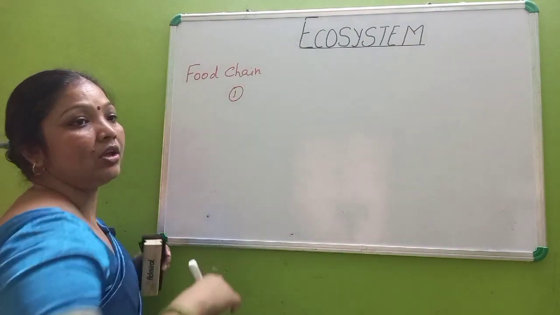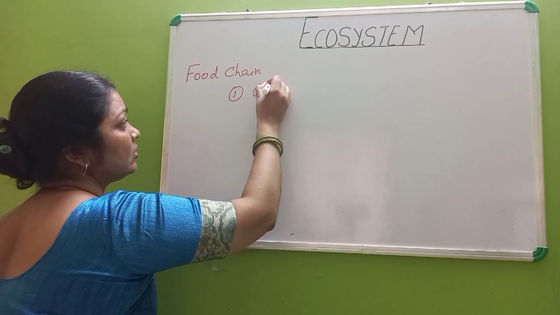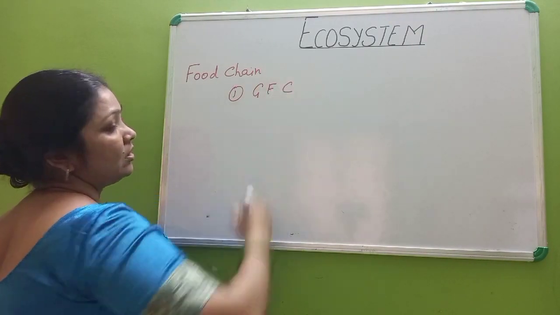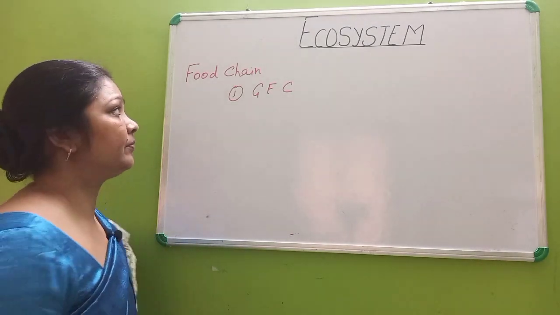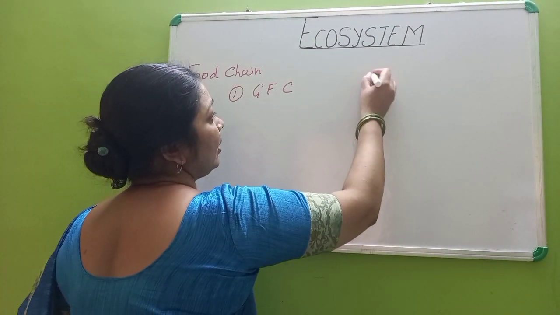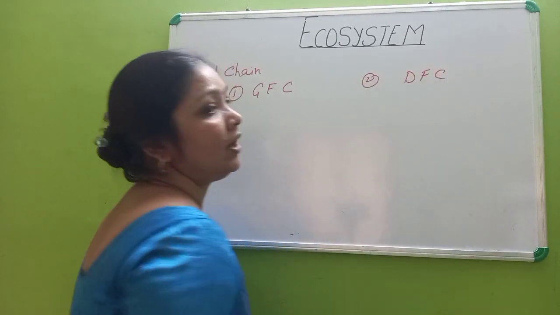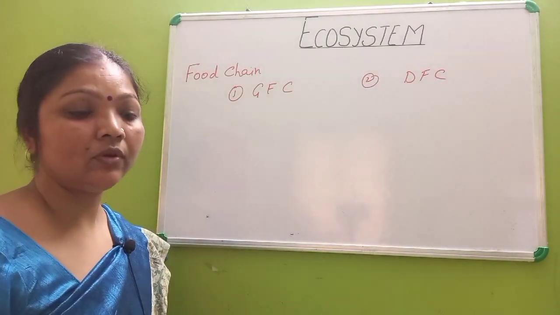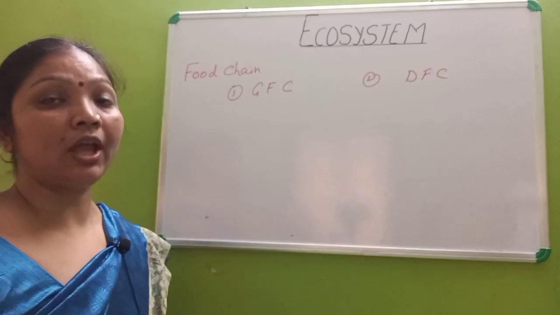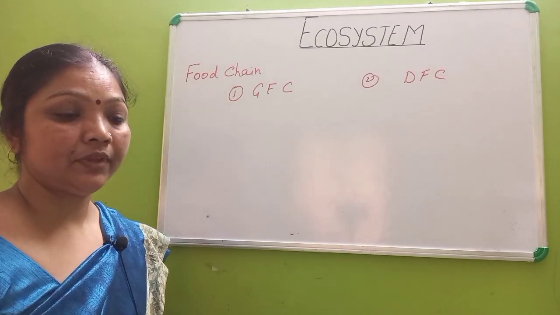First is known as the grazing food chain, and second is the detritus food chain. Okay, these are the two types of food chain that occur.